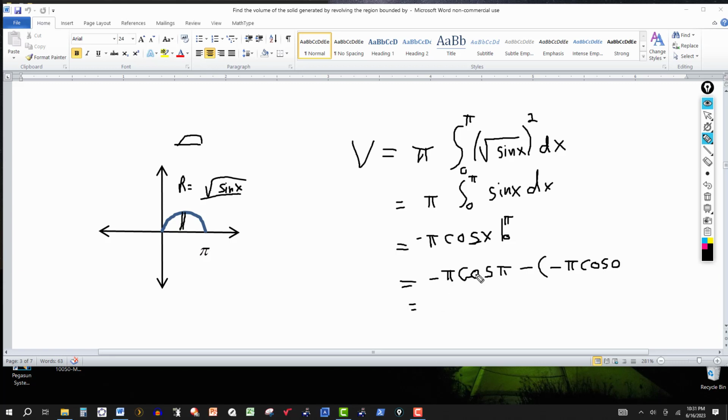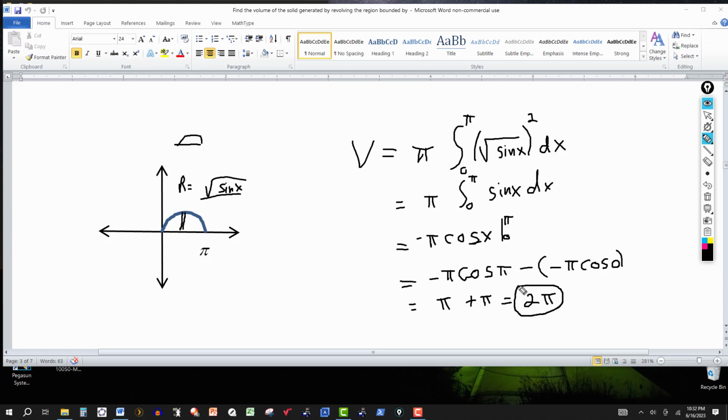Cosine of pi is negative 1, times the negative pi gives us a positive pi. And then it's minus, and cosine of 0 is 1, times the minus pi is minus pi, but then we have a negative out here, so that makes it a plus pi. So we add these up, pi plus pi is 2 pi, and this is the final answer.